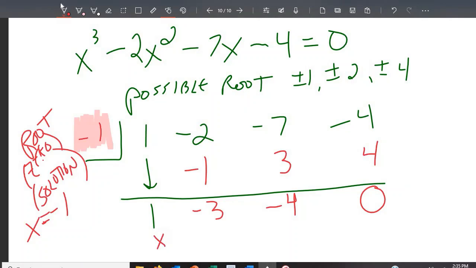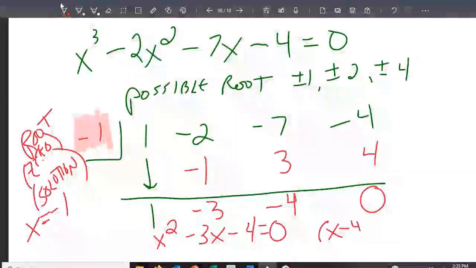Put the variables back with the numbers and go factor that trinomial. It'll be x minus 4, x plus 1, equals 0.